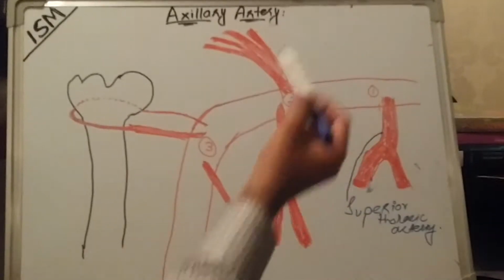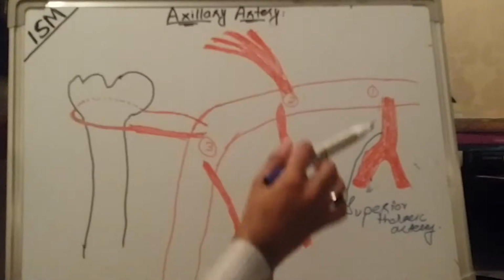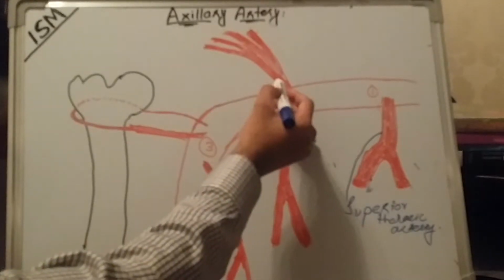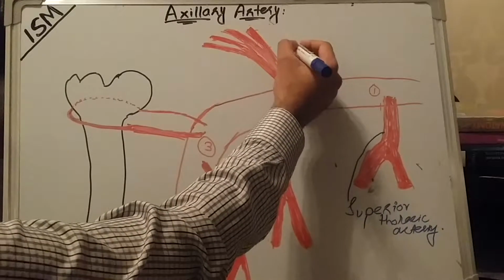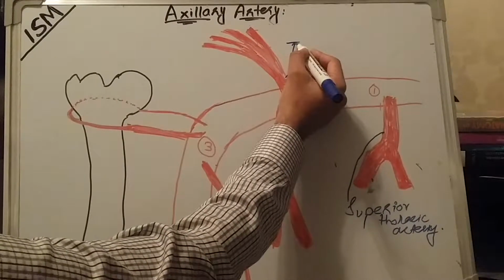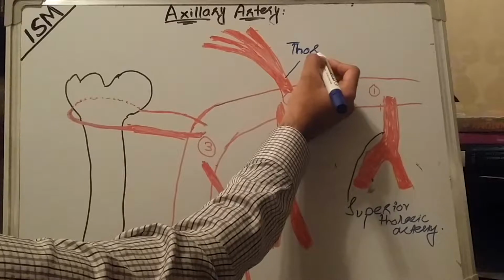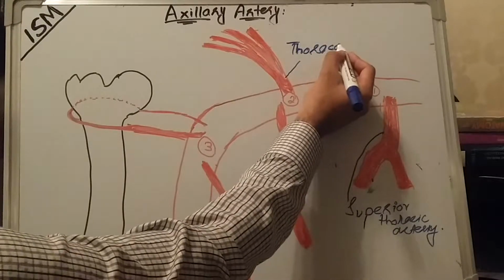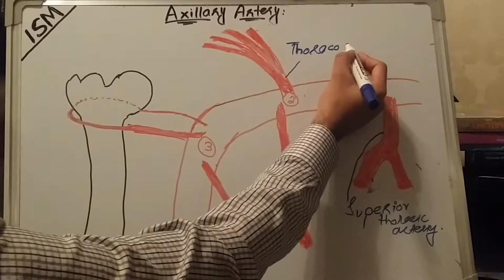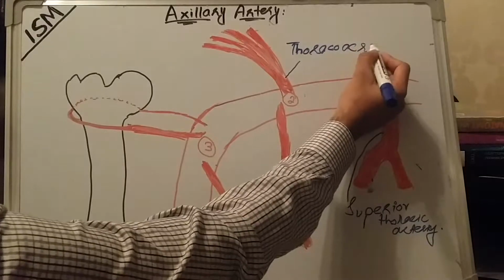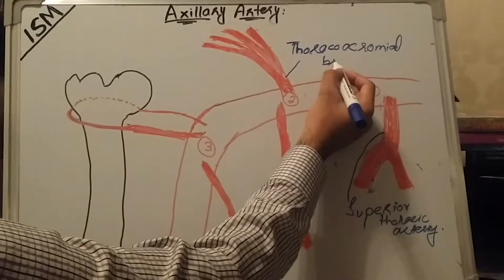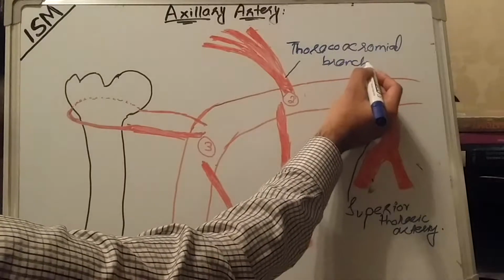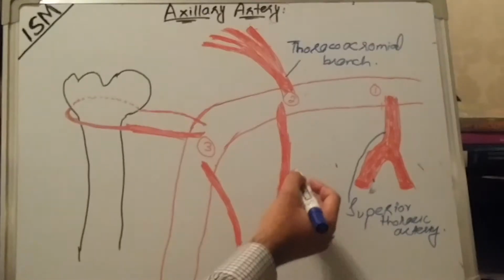The first branch from the first part of the axillary artery, and the second branch there is the thoracoacromial branch or artery.